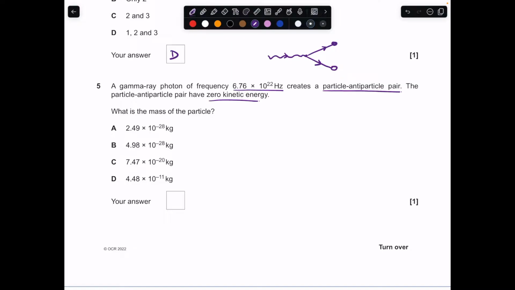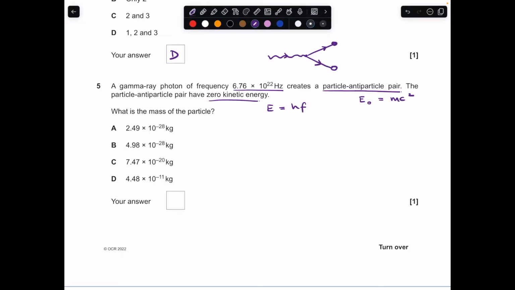We know that energy is conserved, irrespective of whether it's pair production or annihilation. The energy of a photon is given by hf, and we are given the frequency, which is good. The rest mass energy of a particle, sometimes written as E naught, is simply mc squared.